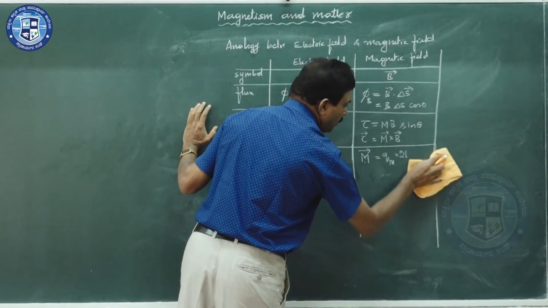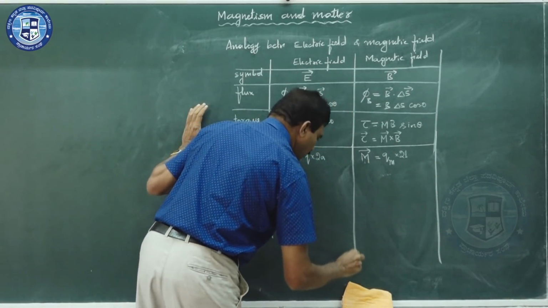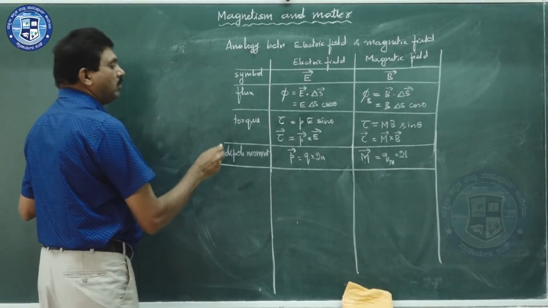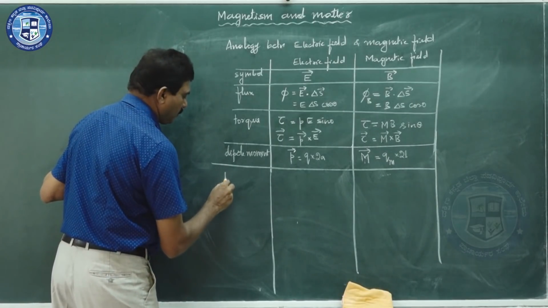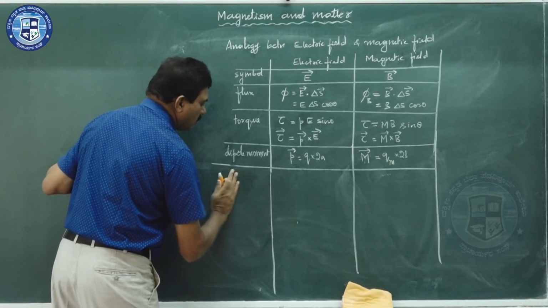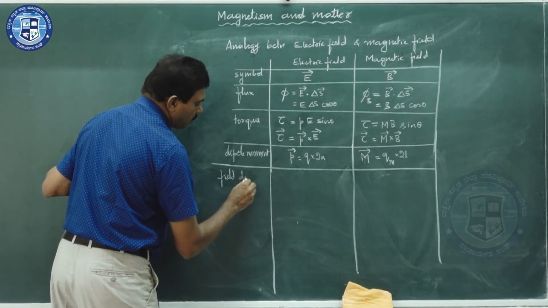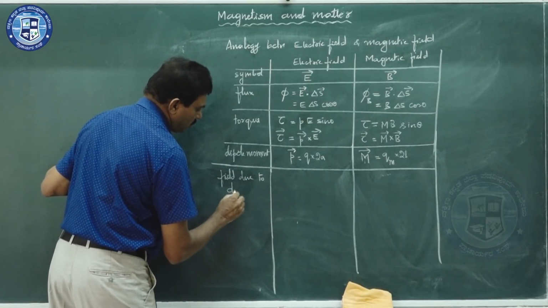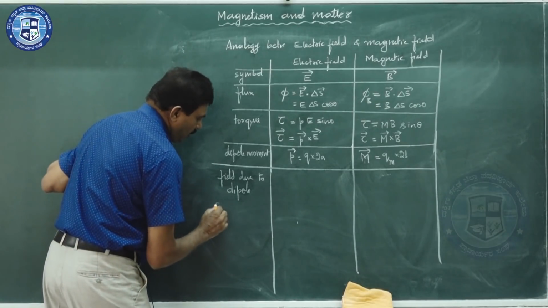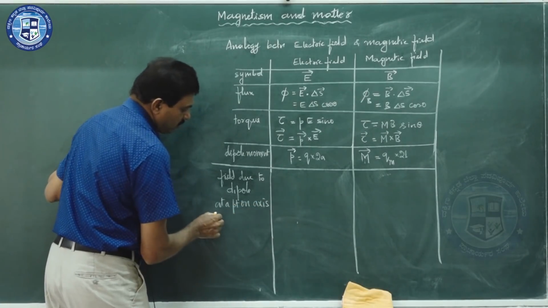What are a few more expressions you can use in this column? Magnetic field, or you can say it is a field due to dipole. Field due to dipole at a point on axis. What is the formula?